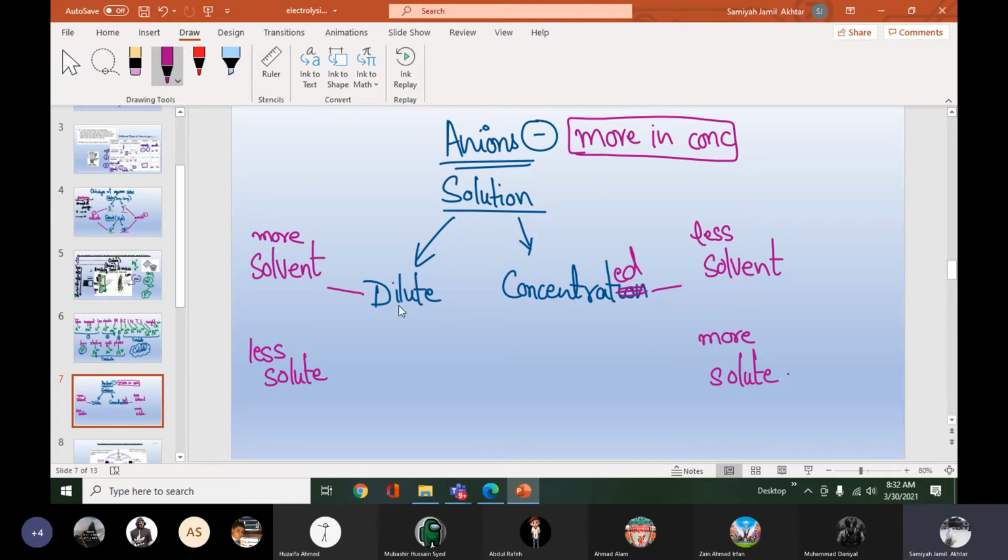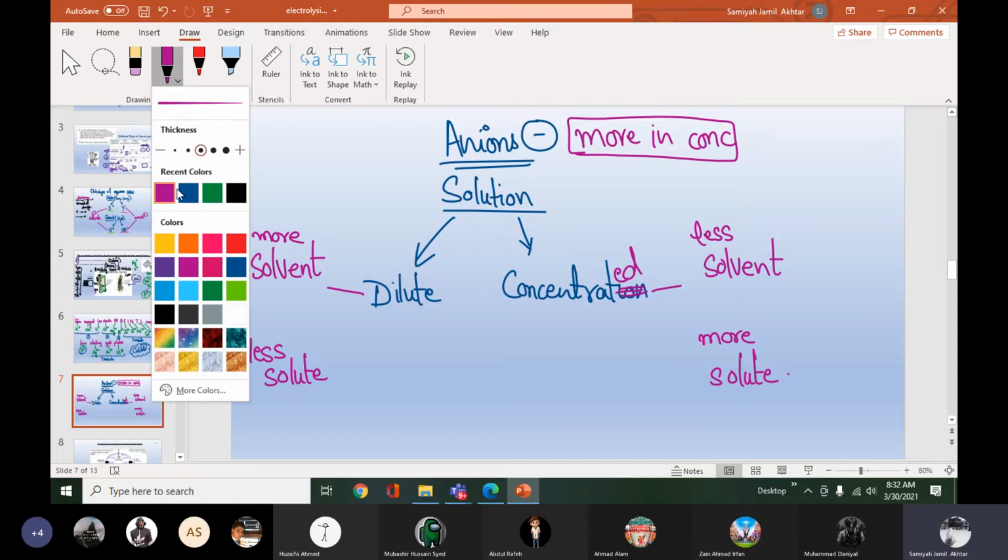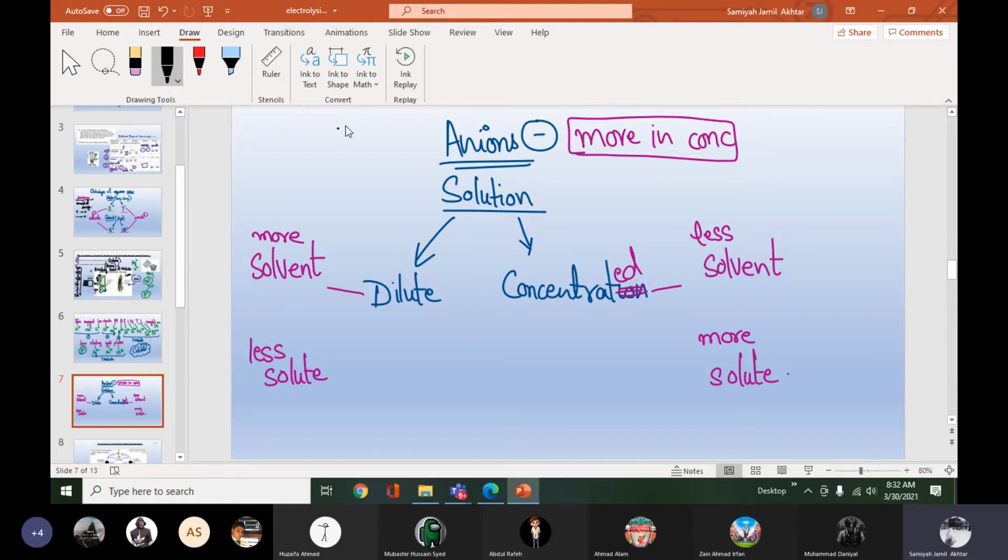So if it is a dilute solution, then the ions which are produced from the solvent will discharge. What is the solvent here? Like in the electrolysis of aqueous solutions, what is the solvent? We dissolve everything in water. So in dilute solution we have more water and less solute, meaning less salt.